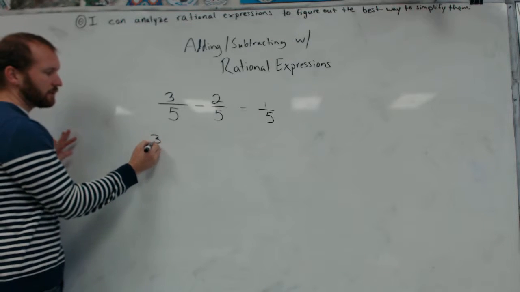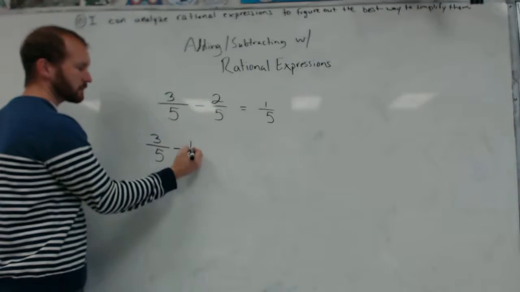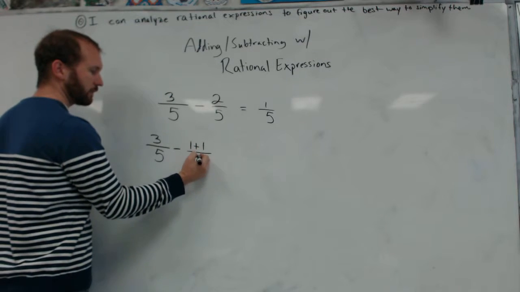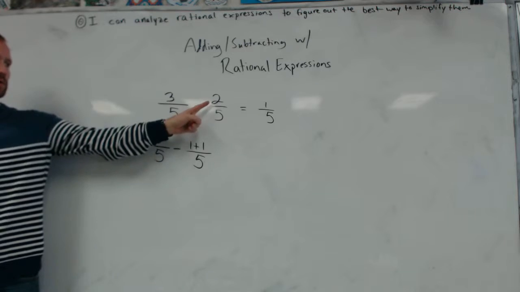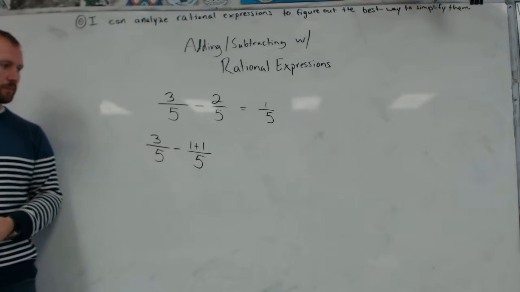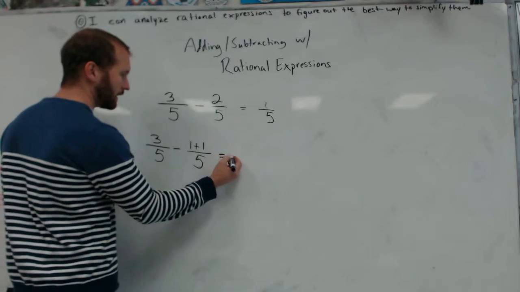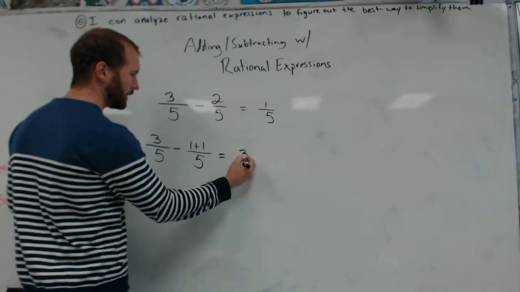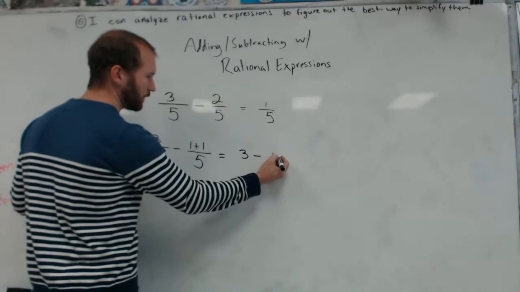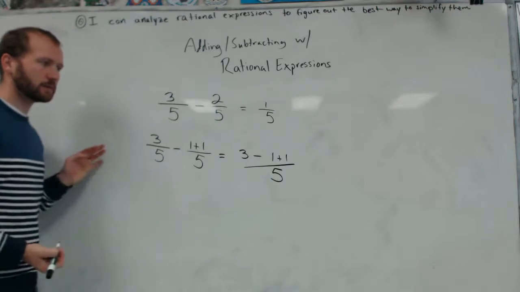But look, 3/5 minus 2/5 is the same as 3/5 minus 1 plus 1/5. Right? 2 is 1 plus 1. So that would be 3 minus 1 plus 1 over 5.